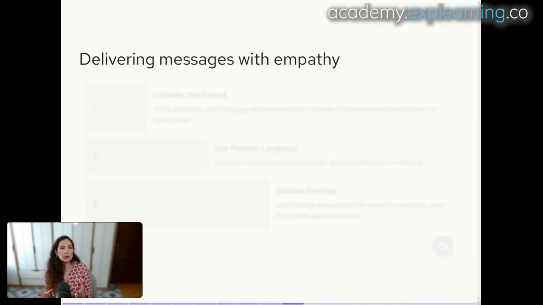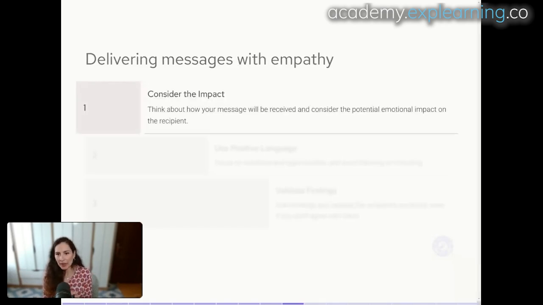And then always, when you're delivering messages, be they verbal, written messages or spoken messages, you want to be empathetic. Okay, so consider the impact that message is going to have, right? This ties back into and harkens back to knowing your audience, right? Who is your audience? Put yourself in their shoes.